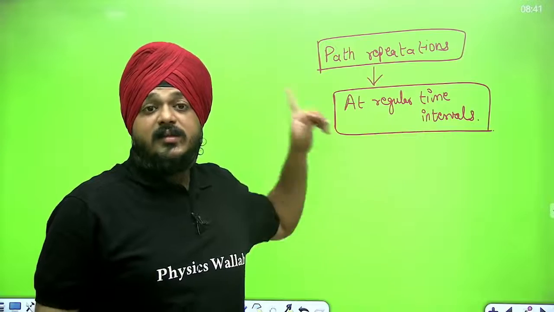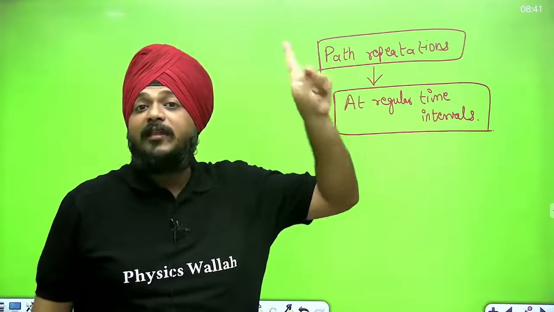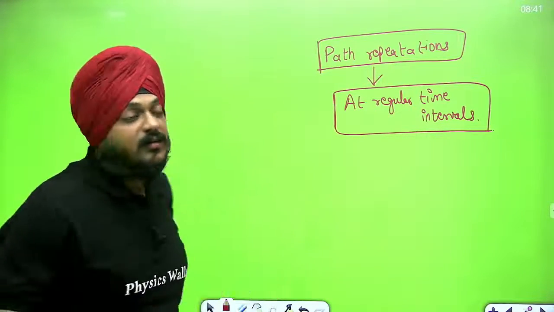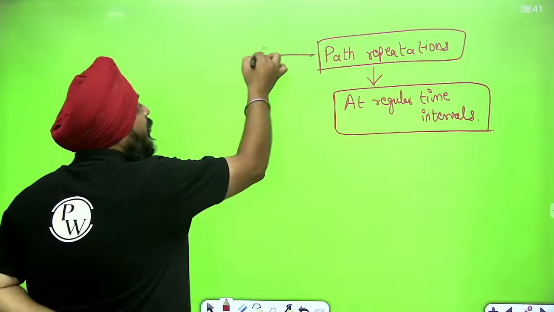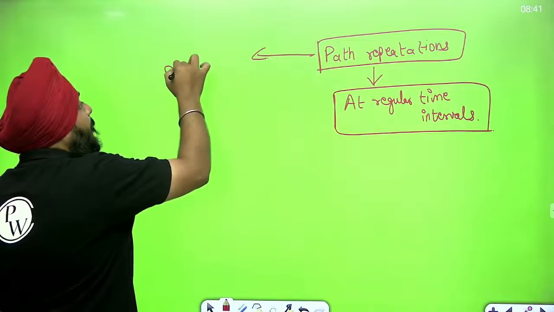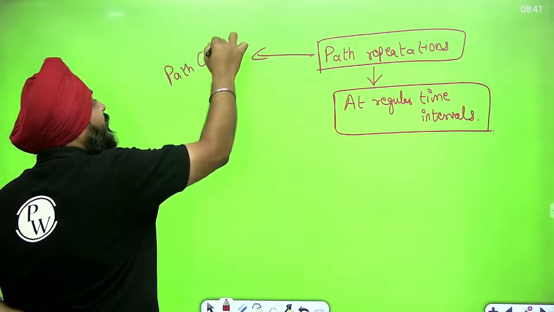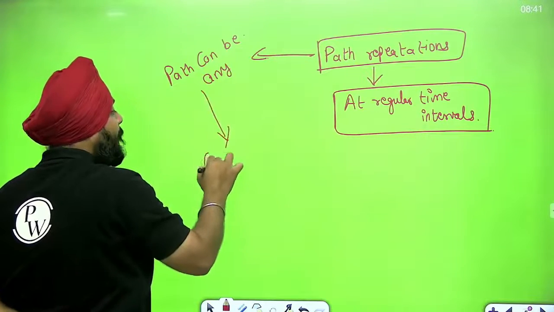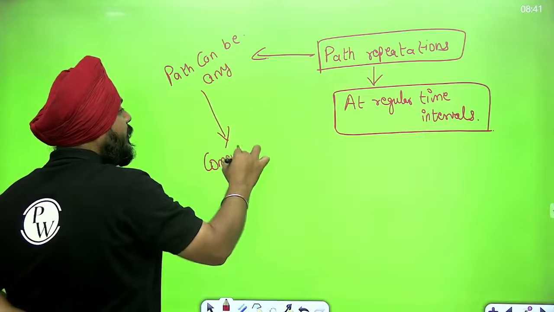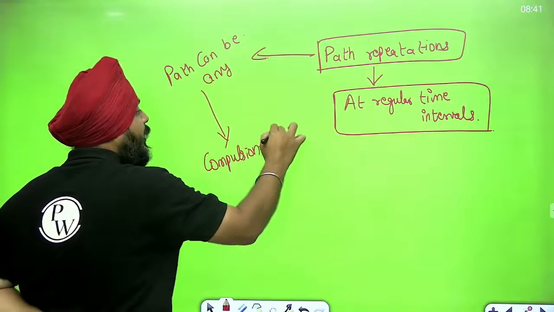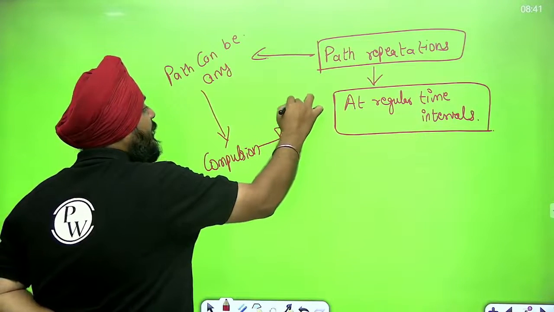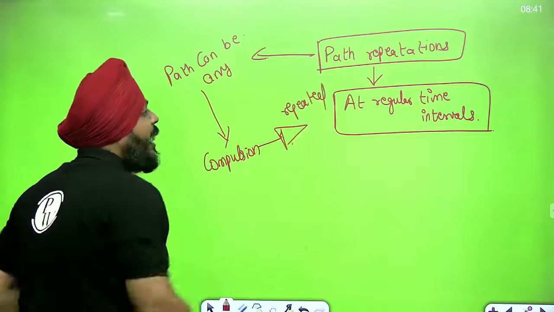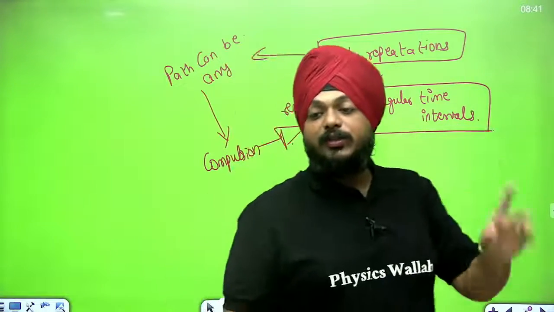The selection of the path is not fixed; here the path can be any. The compulsion is that it should be repeated at regular time intervals.